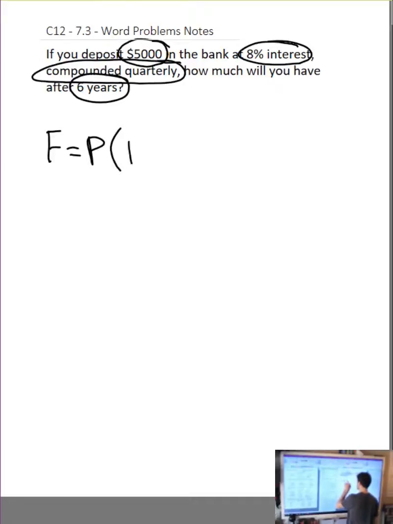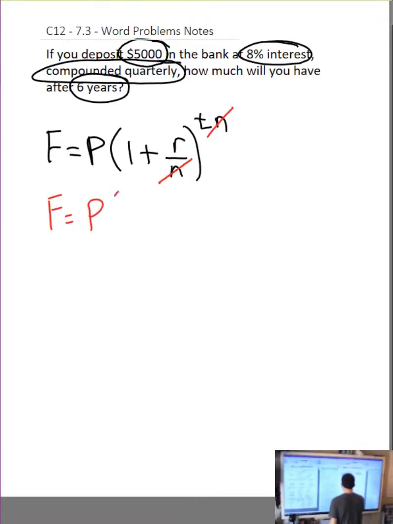It starts off the same, F equals P, open bracket, 1 plus, but this time we're going to take R and divide it by N and take it to the exponent tn. Now, if we're compounding yearly, these n's go away and we're left with the same formula that we had before. F equals P, open bracket, 1 plus R to the exponent T. Now, we are not doing that right now.